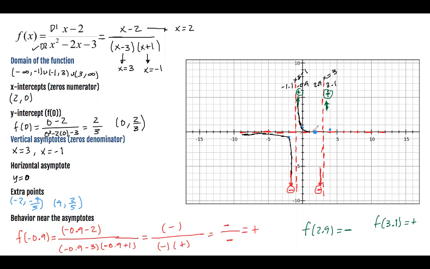We're going to connect the dots, and there we approach the vertical asymptote going down. And this one, going from the coordinate, we approach the vertical asymptote and the horizontal asymptote. So that's a rough sketch, but it gives you the idea.